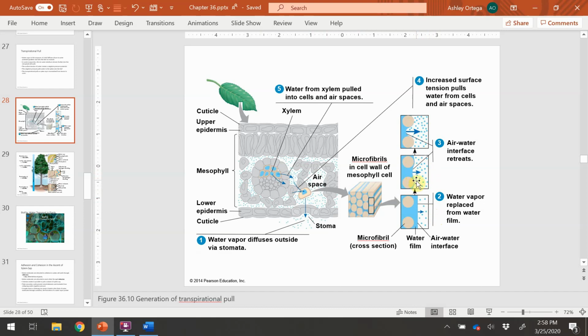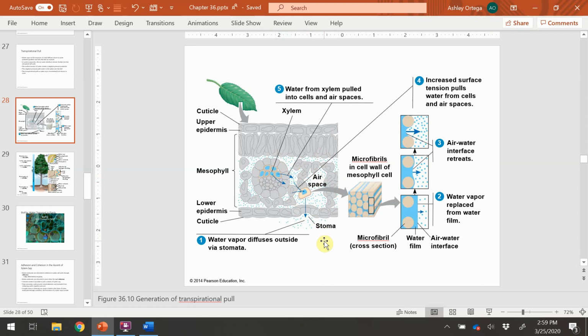And so that thinner film of water will create a tension. And so at some point, it will start to pull more water back up to fill in the space. And so that will then translate to pulling water from the xylem into regions of the mesophyll. So it starts here in the mesophyll, they need water, they pull it from the xylem, and then the xylem has to pull it from the roots. And so that's how we create this transpirational pull.